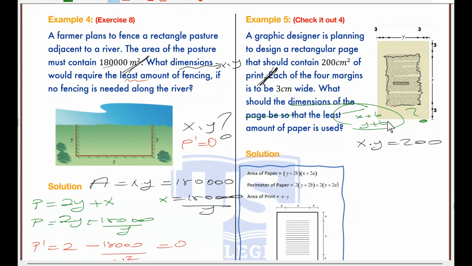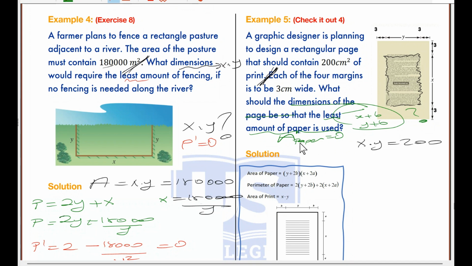In which condition are we going to find these dimensions? When the least amount of paper is used. The least amount of paper is used means the derivative of the area of the paper should be 0, right?